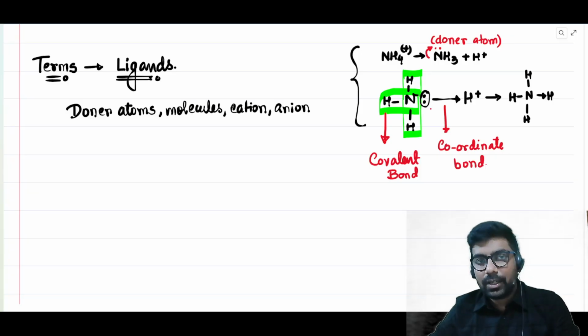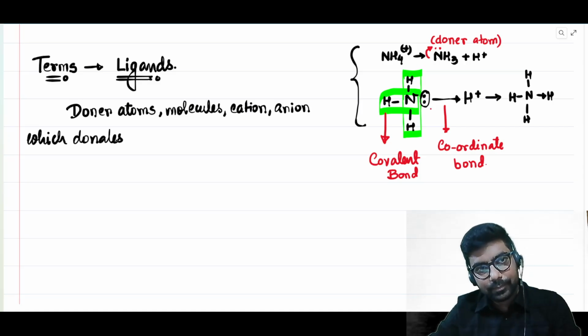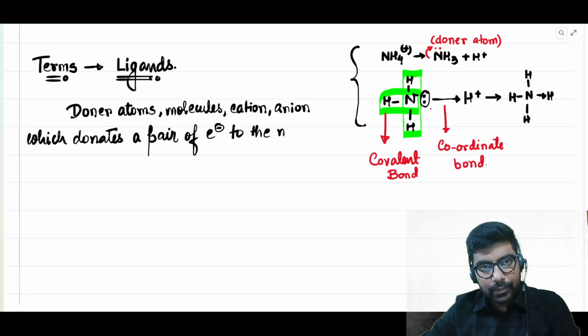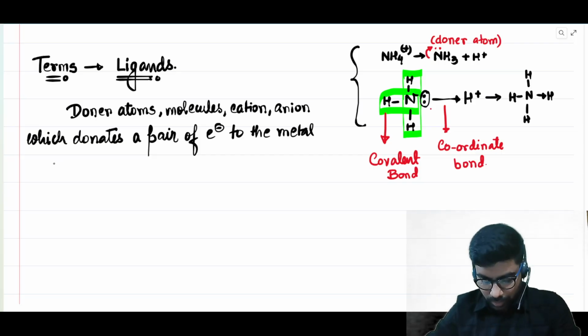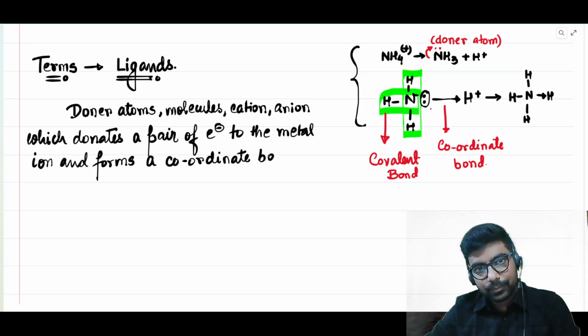Donor atoms, molecules, cation, anions, which donates a pair of electrons to the metal ion and forms a coordinate bond are called ligands.